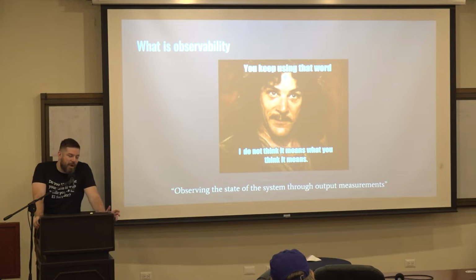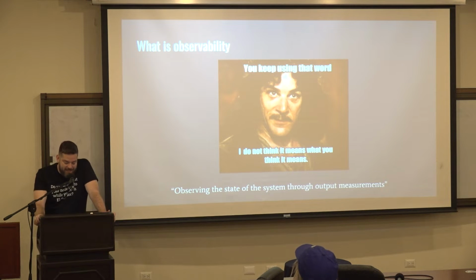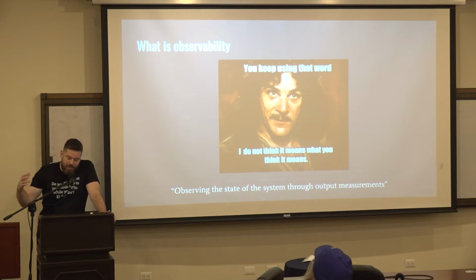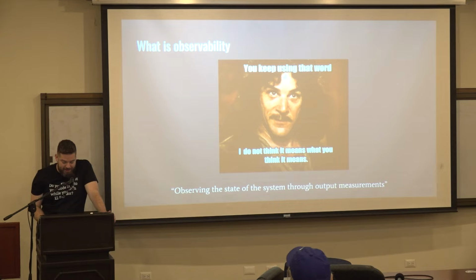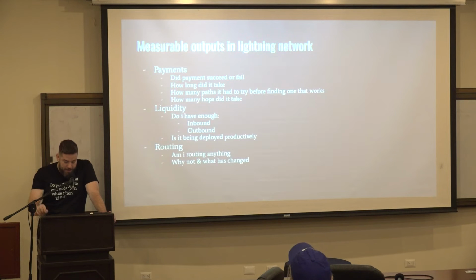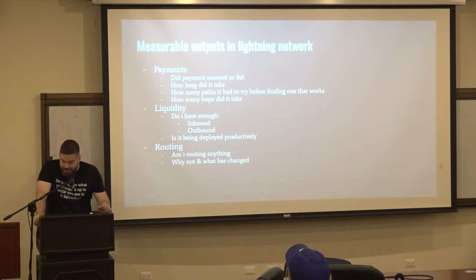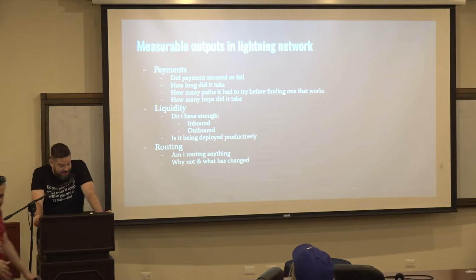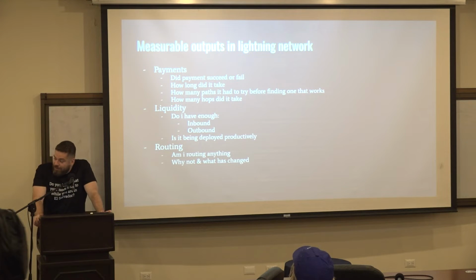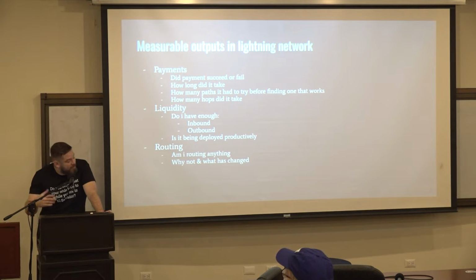While this is primarily used in enterprise systems, it can also be applied to Lightning nodes and more broadly to the entire network itself. For example, you saw on the previous slide that control theory is about measurable outputs.